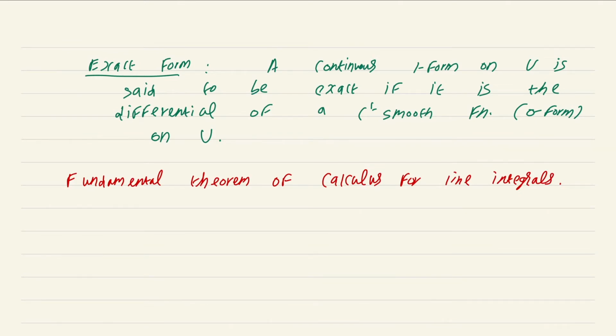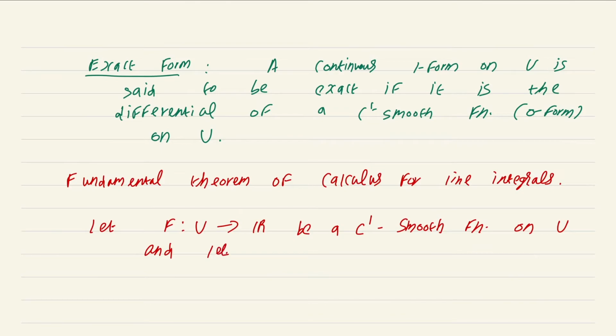Let f from U to R be a C1 smooth function on U, and let gamma from [a,b] to U be a C1 smooth curve.